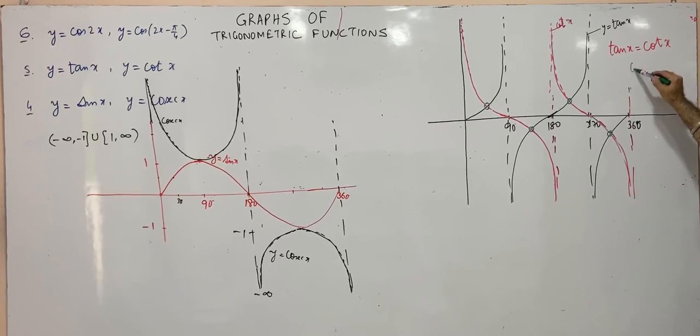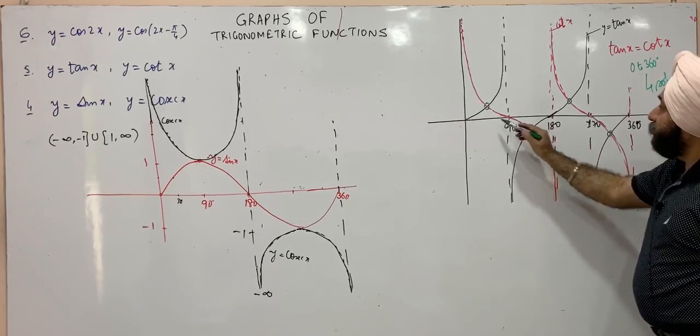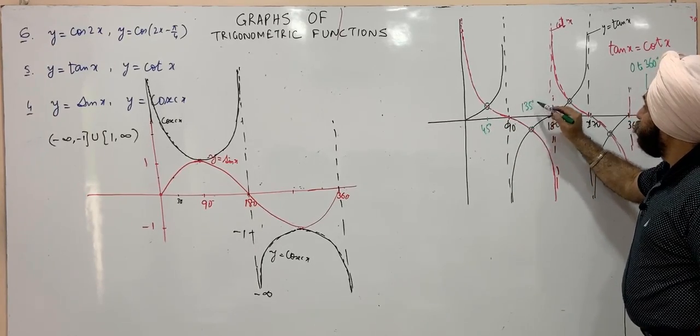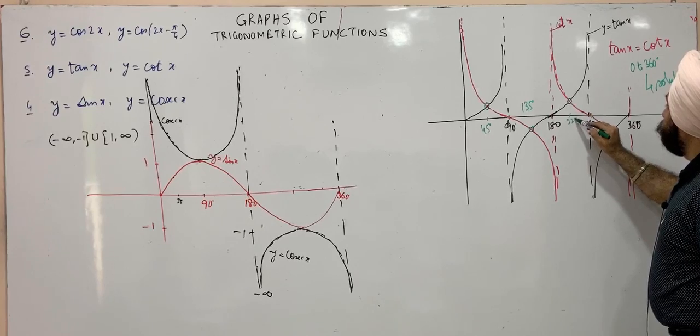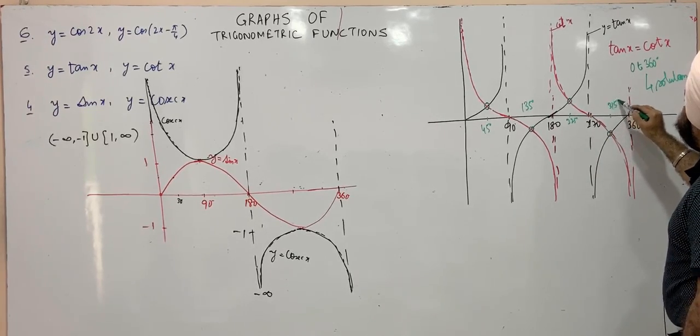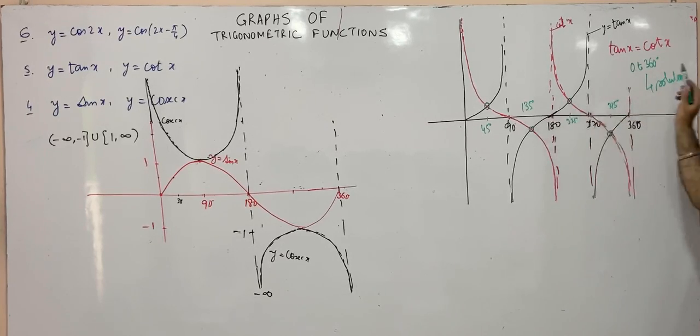So can we say from 0 degrees to 360 degrees, this equation has 4 solutions. 4 points of intersection means 4 solutions. And if we want those specific angles, the angles are 45 degrees, this is 135 degrees, then 225 degrees, and this is 315 degrees. So these are the 4 solutions. Number of solutions is 4.